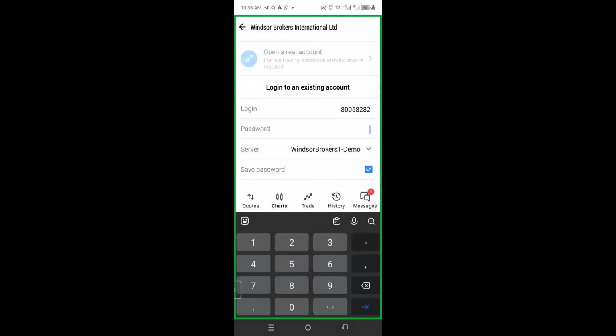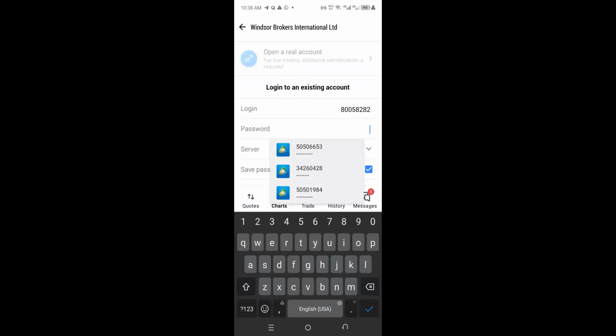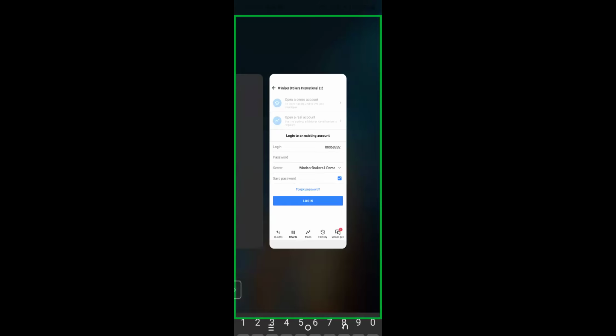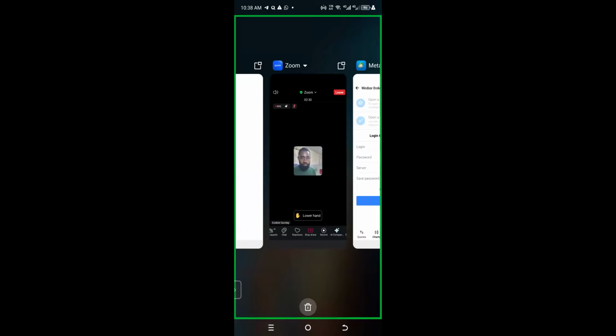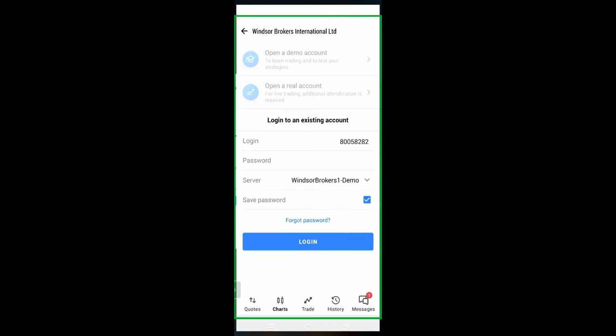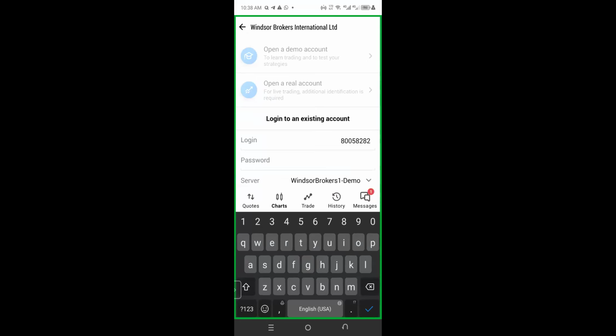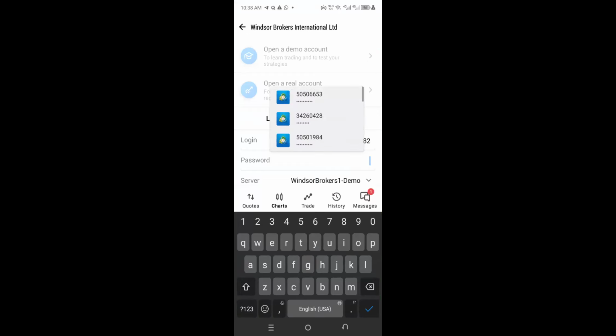The next thing I need to put here is the password. You will get this on your email, but for Windsor, it is the one you create by yourself. That's the one you will use. If you get it on your email, copy and paste. If it is the one you created yourself, just type it in. Those are the little differences, so don't be confused when you're using any other one.